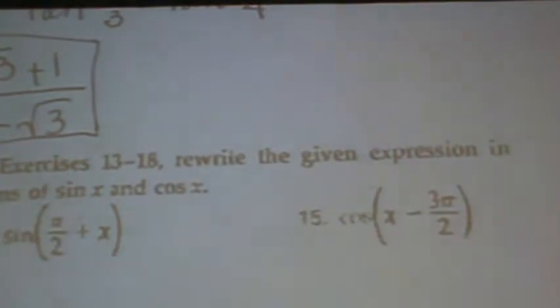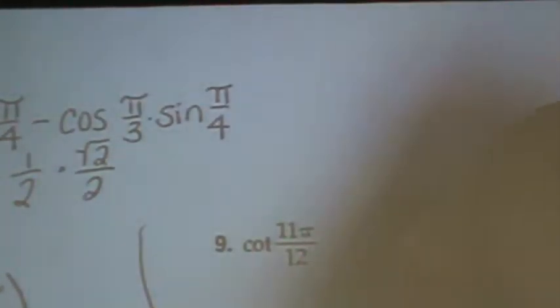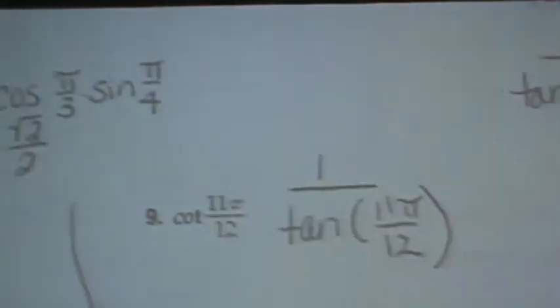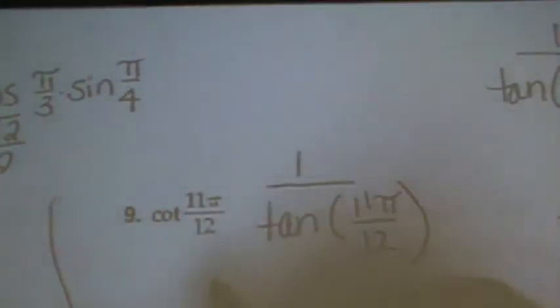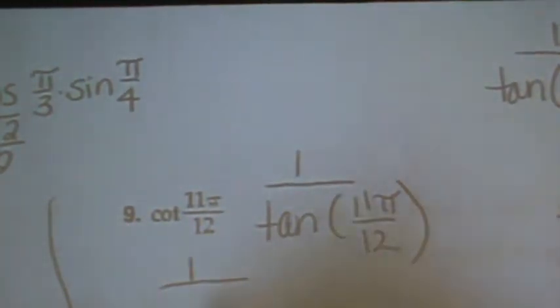Next one, cotangent is just like that cotangent up here, except for, again, you're gonna be doing this in the denominator. So you're gonna have 1 over the tangent of 11 pi over 12.